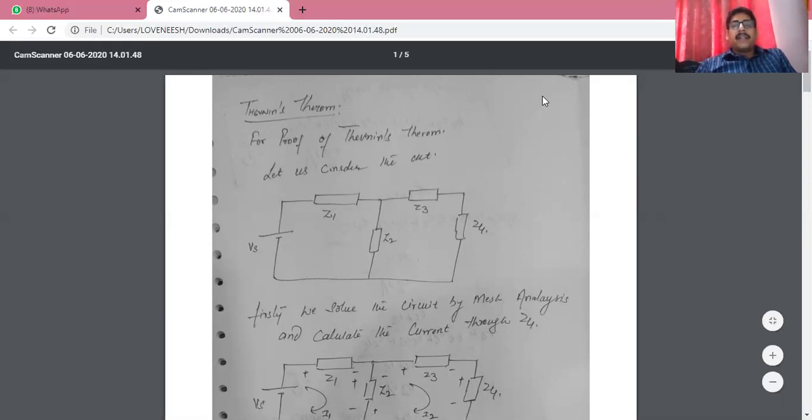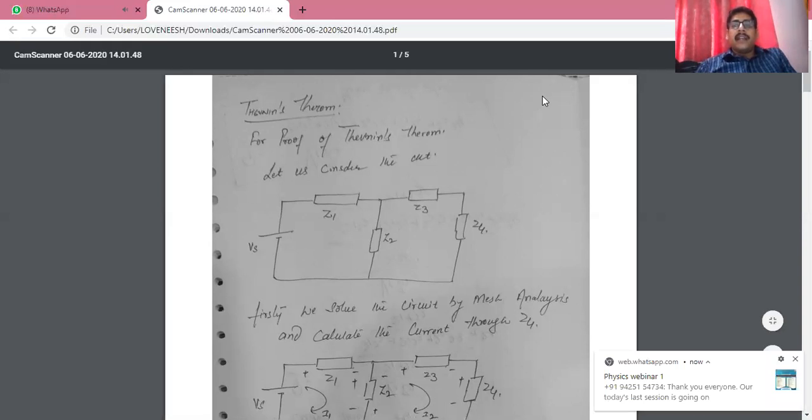After that, we apply Thevenin theorem to the same circuit and calculate the current flowing through the same branch that we calculated earlier using mesh analysis. Then we see if the current through Thevenin and the current through mesh analysis match. If they match, then the theorem is verified. Otherwise, we can reject the theorem.